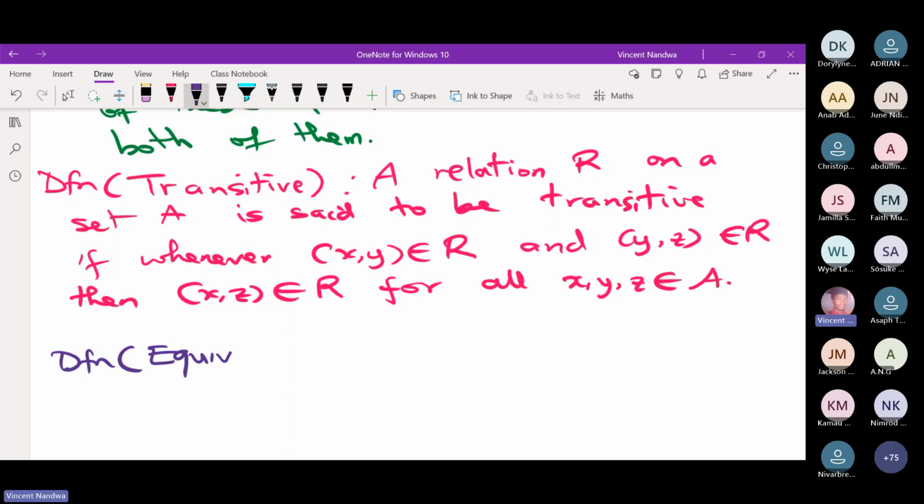This is what we call equivalence relation. So an equivalence relation is a relation that has the three properties: reflexive, symmetric, and transitive.